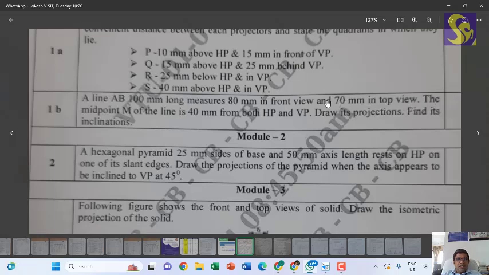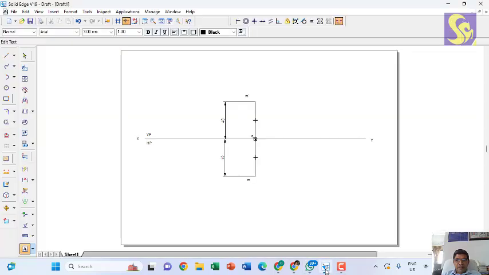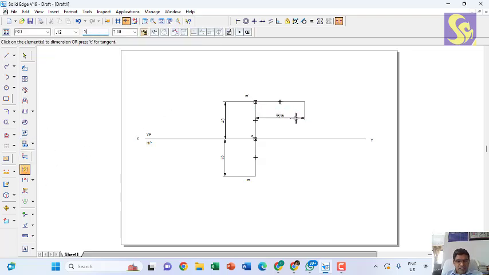So I'll take half the top view length, that is 35 mm, and I will start drawing a line. From M dash, I'll take a line, this length equal to half the top view length, so that is 35 mm, and from here I'll draw a vertical line.